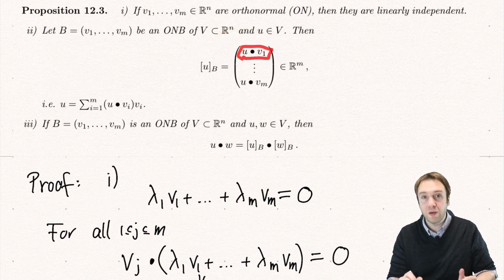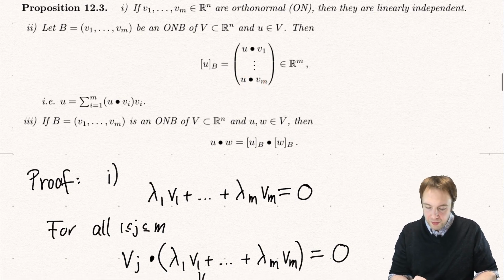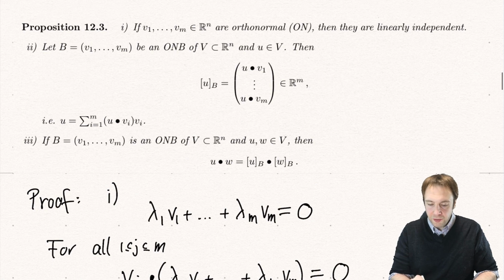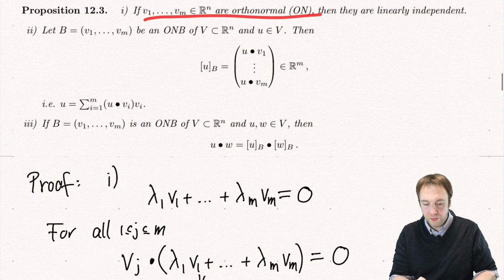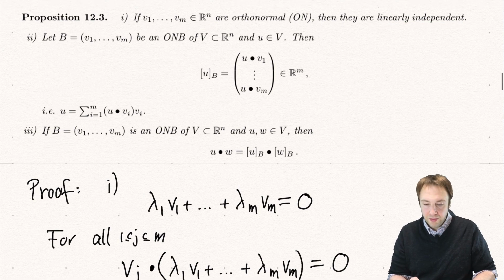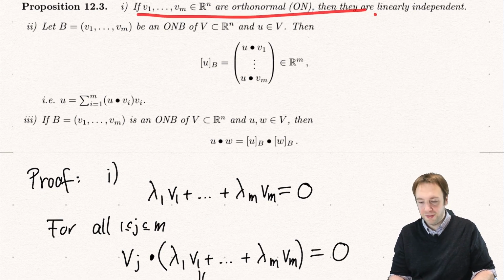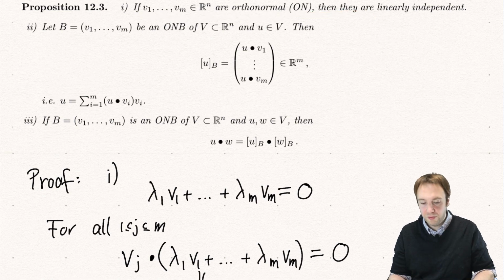You just need to calculate these dot products. And also, to check that vectors are linearly independent, if you know that they are orthonormal, then you automatically know that they are linearly independent, and you also don't need to solve a linear equation.